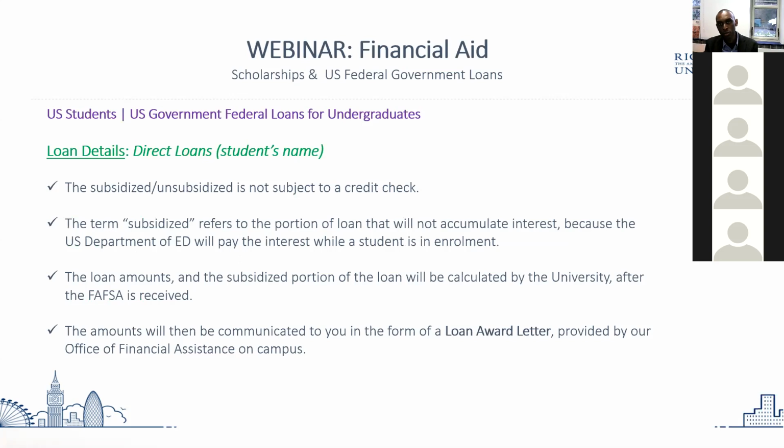And without getting too deep in the weeds of things, the major aspect behind the calculation of what is going to be subsidized and unsubsidized is based on the EFC. At the end of when you submit your FAFSA, you do receive an EFC figure. And the whole idea behind the subsidized, unsubsidized is a need-based calculation, which means if you're deemed to be a high-need student, then there will be a higher portion of your loan subsidized.